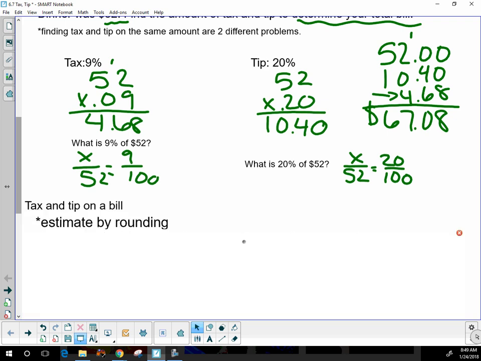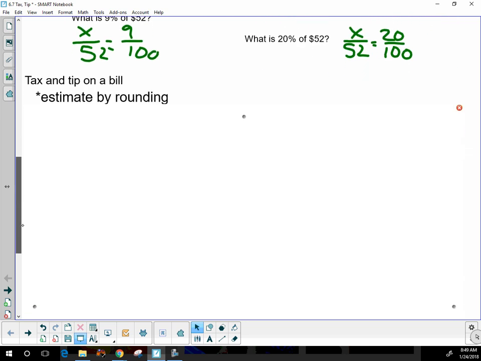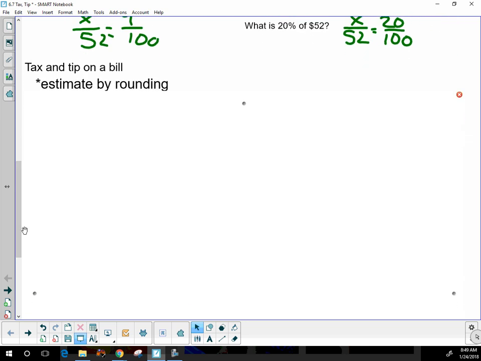Now, most of us aren't going to go into a restaurant and start using a proportion to solve. If you are out to dinner with your parents, ask them if you can see the bill and estimate tip on your own. Just tell them you need to start calculating the tip, or tell them to give you the total amount of the bill without tax, and you can see if you come close.